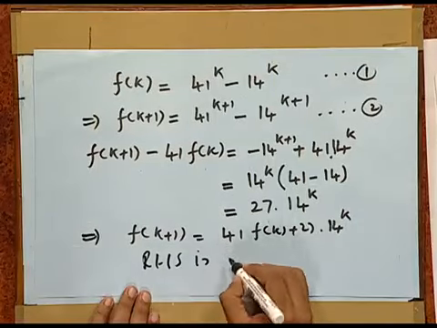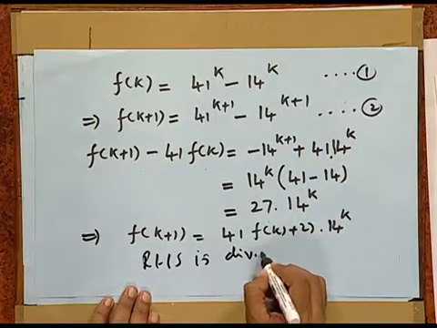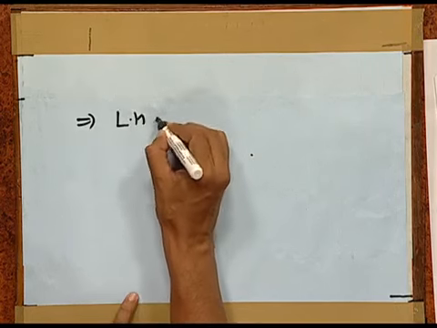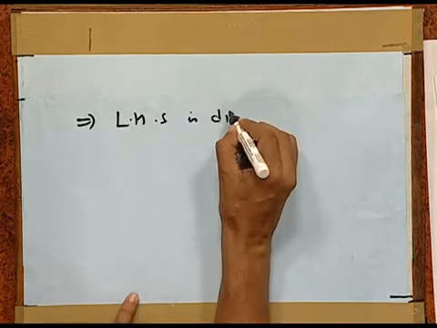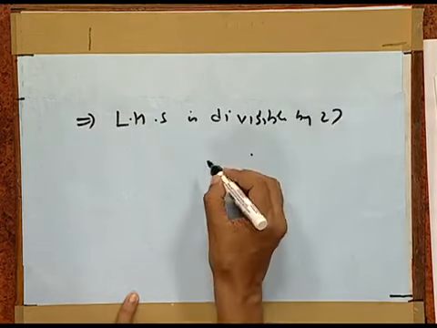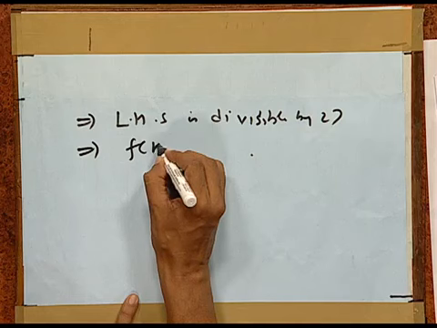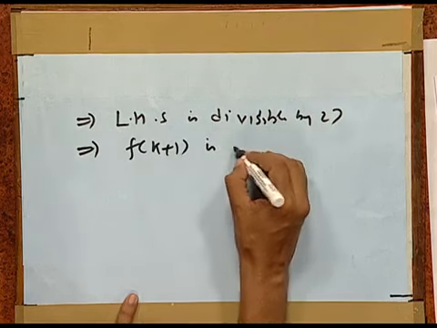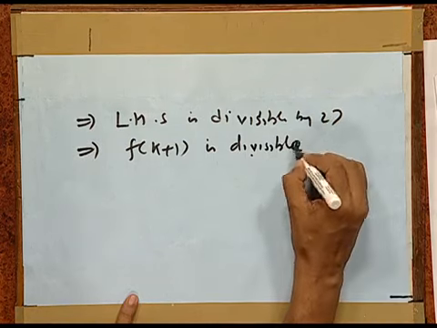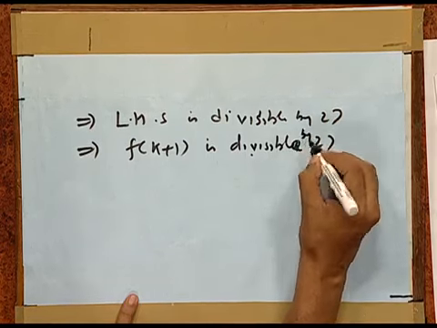As a result, the entire right hand side is divisible by 27, which implies left hand side is divisible by 27. That means f(k+1) is divisible by 27.